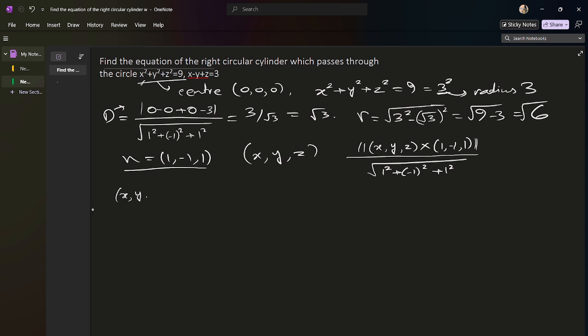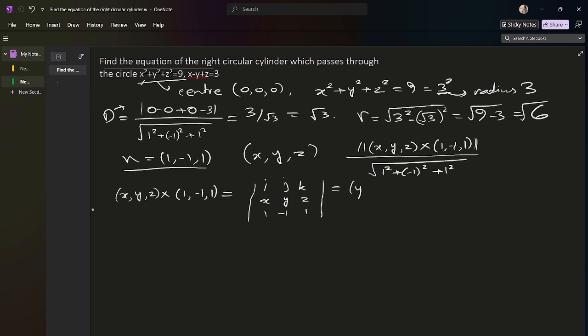It equals the determinant with i, j and k in the first row, x, y, z in the second, and 1, minus 1 and 1 in the third.